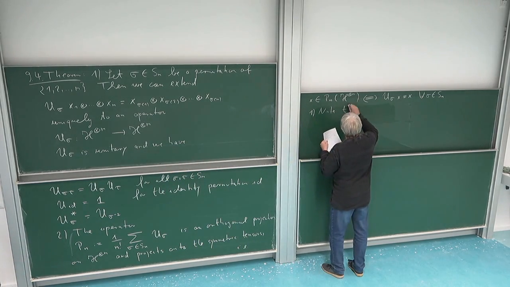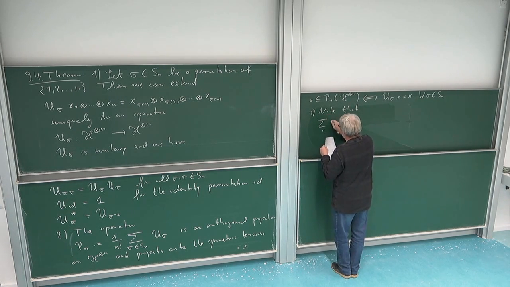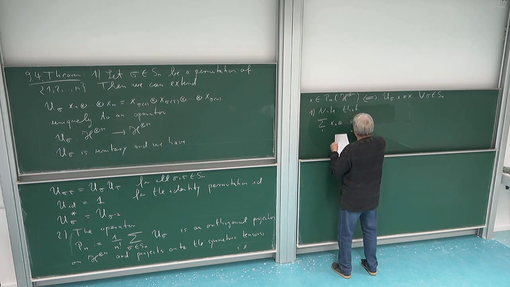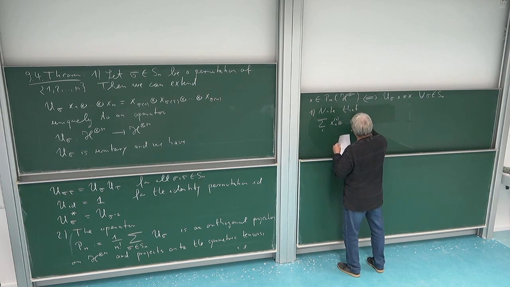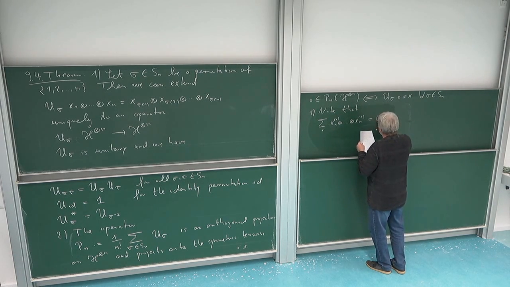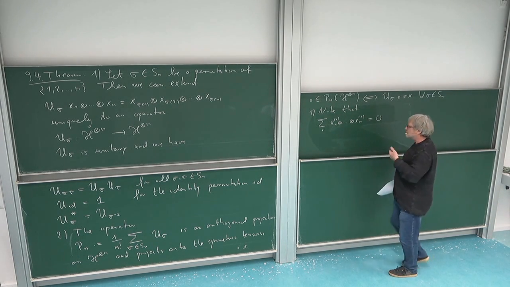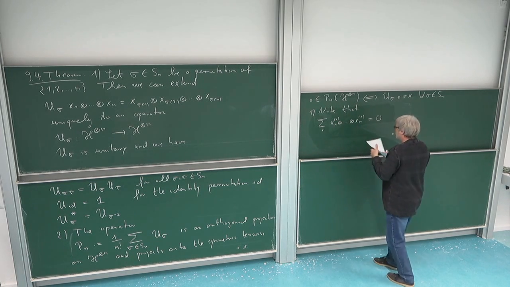So one has to note that if I take a linear combination of tensors of the form x1 up to tensor xn, and I have several of them, so I'm putting index i here, and I'm summing over them, and this is equal to 0, then of course this still should be 0 if I'm applying my U sigma here, which means I'm exchanging the indices here.